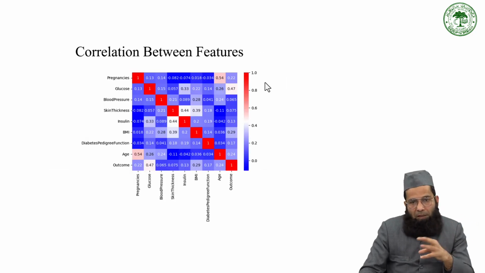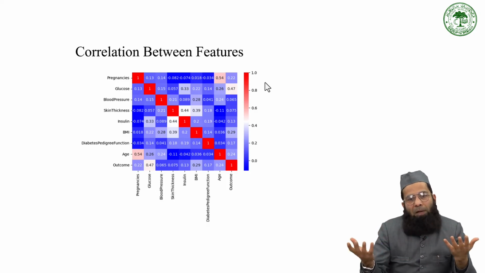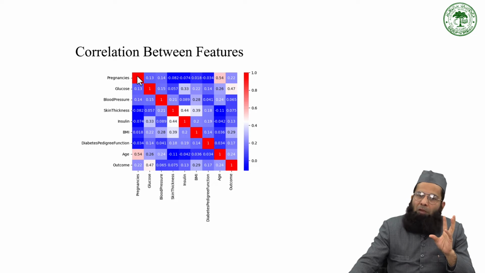Here you can see the correlation between features through a heat map. Obviously, I have already told you the diagonal would have 1. It means that a feature is fully correlated with itself, and otherwise there are certain other values. If a feature is very much correlated, it would have a high value. If it is very less correlated, it would have a very low value.